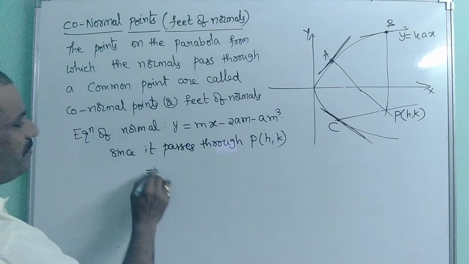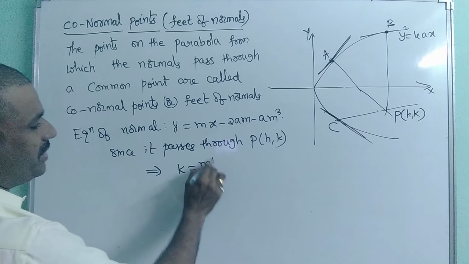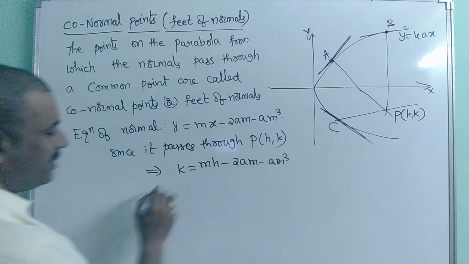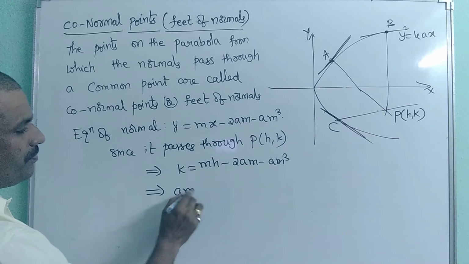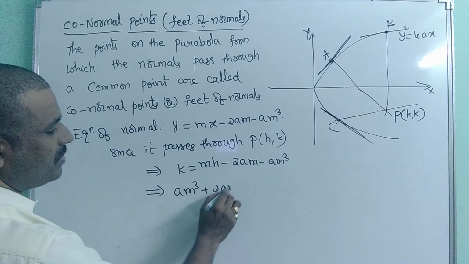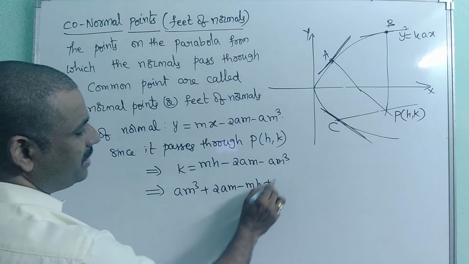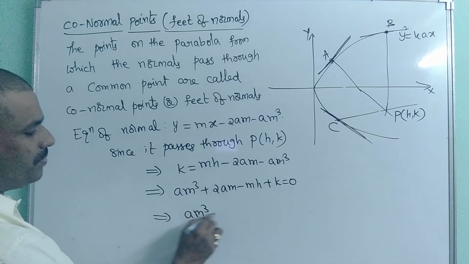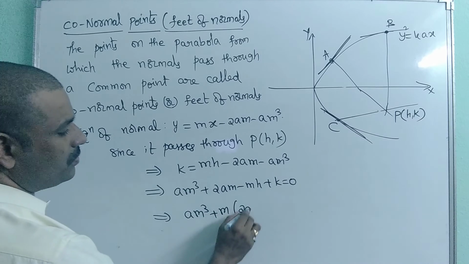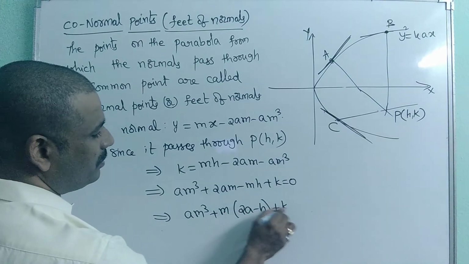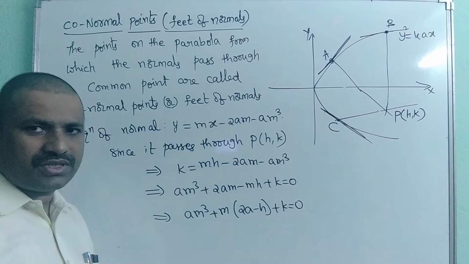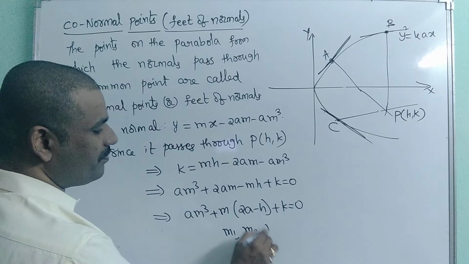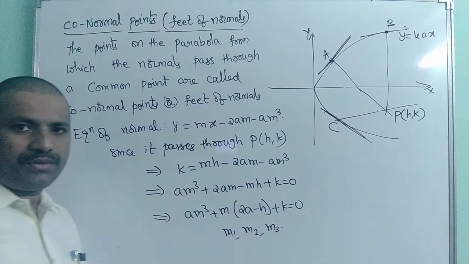What does it mean? k equal to mh minus 2am minus am cube. Taking this side, am cube plus m into (2a minus h) plus k equal to 0. This is a cubic equation. This equation has three roots m1, m2, m3.